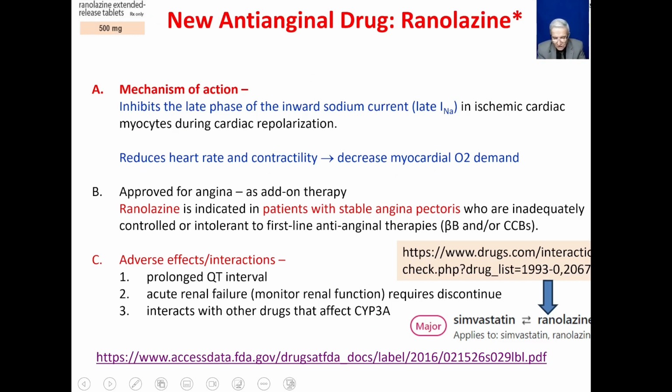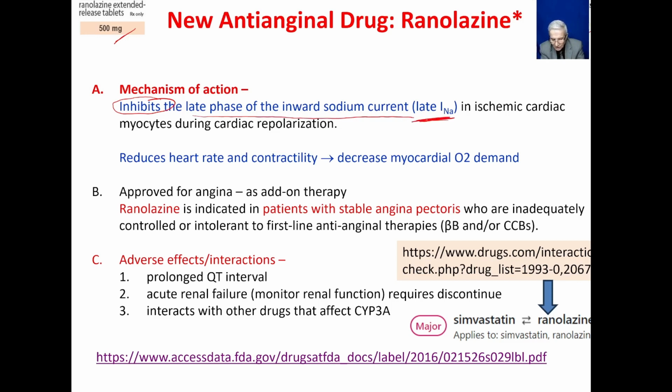I believe this is the last drug used for angina, ranolazine, brand name Ranexa, available as 500 milligram and 1000 milligram extended release tablets. How does this medication work? It inhibits the late phase of the inward sodium current, INa.